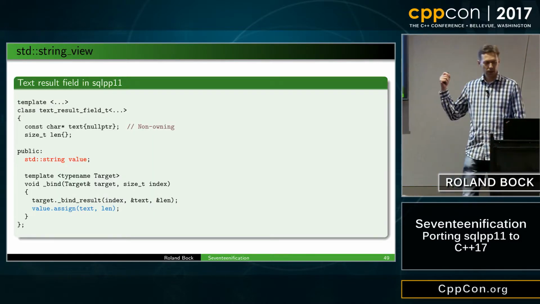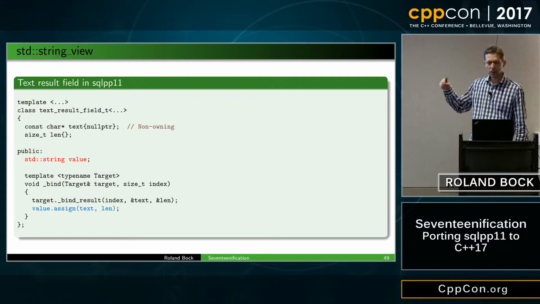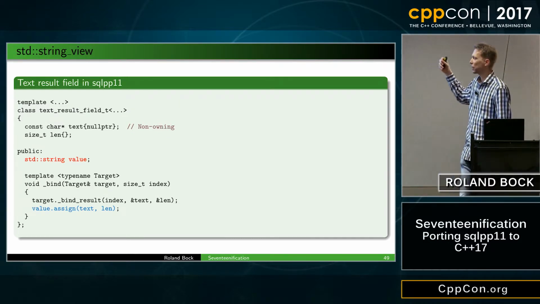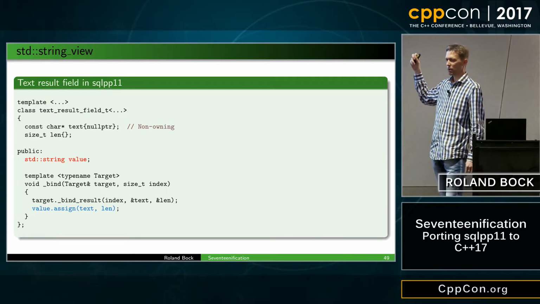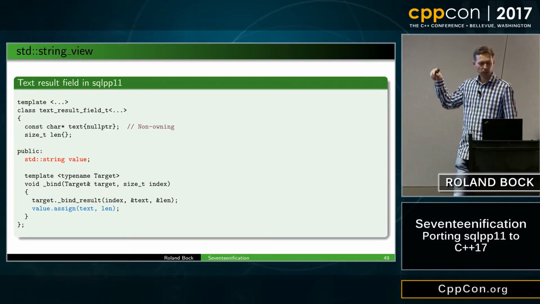Currently, when you have a text result field in sqlpp11, you typically have some character pointer that you're provided, or the content of it, which is provided by the backend of the database, and a length.